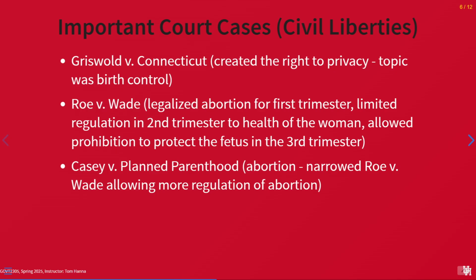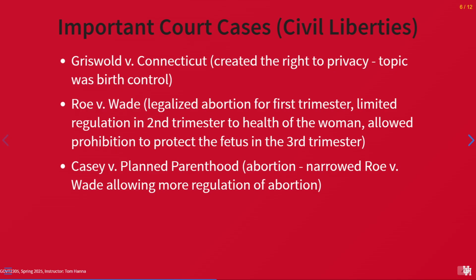The only part of this case that championed a civil liberty was the legalizing of abortion in the first trimester. The decisions related to the second and third trimester were state interest cases, if anything, they overruled the civil liberty that was created for the first trimester. So it was very much a mixed bag.